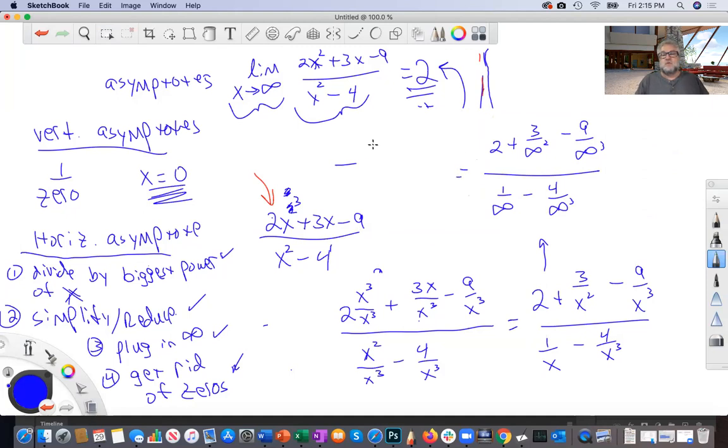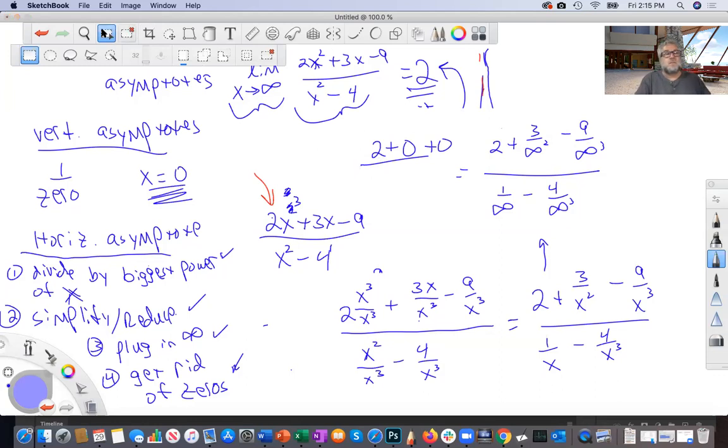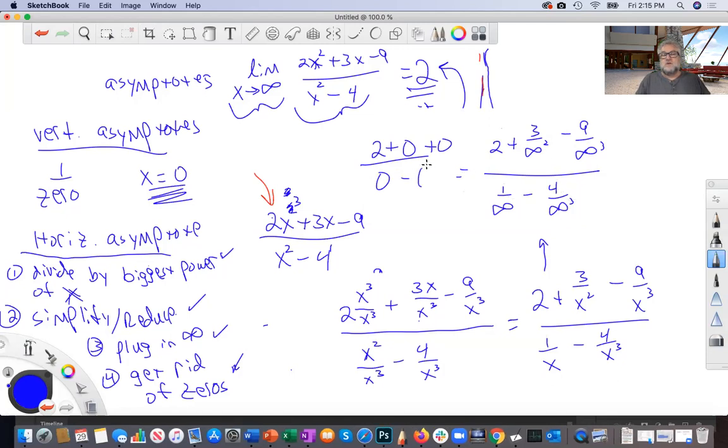Okay, so I end up with 2. 3 over infinity squared is 0. 9 over infinity cubed is 0. Let's get rid of that so we don't think it's a minus sign. And then I end up with 1 over infinity, so that's 0. Minus 4 over infinity is 0.